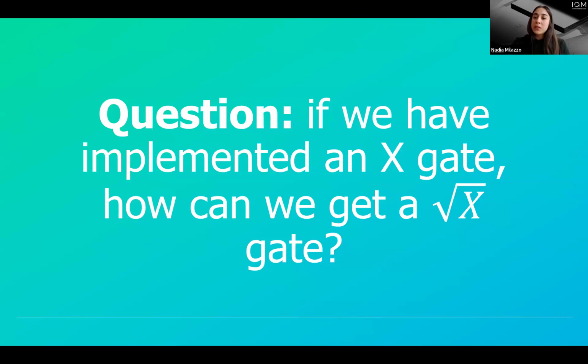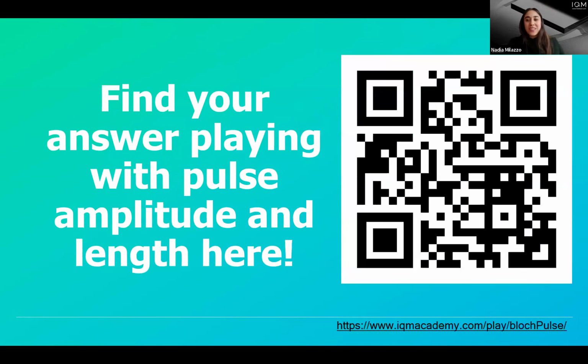So first thing to discover is, playing with the amplitude and the length, how do you get an X gate? And second, how can you get a square root X gate? So let's go now to the second interactive and find your answer playing with the amplitude and length of pulses there, which will be mimicked also on the Bloch sphere to give you an idea of what is going on.